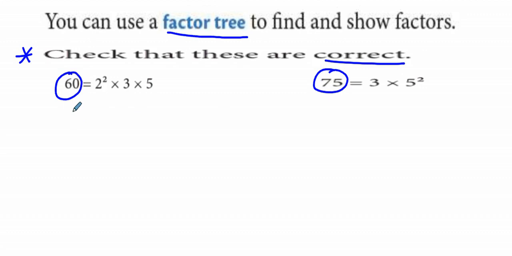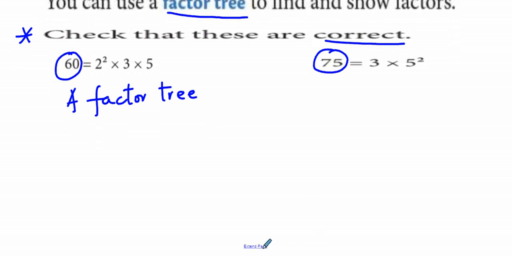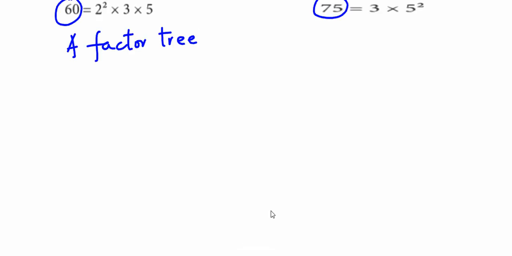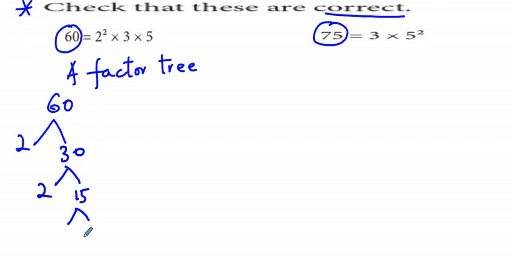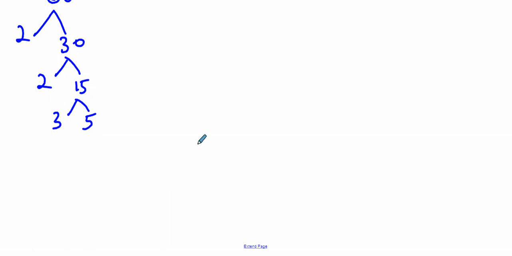Like I said earlier, make a factor tree for 60 and see how it goes. So we have a factor tree for 60. 60 divided by 2 is 30. 30 divided by 2 is 15. And 15 is 3 times 5. Now, how do we write that? We write 60 equals, how many 2's are there?